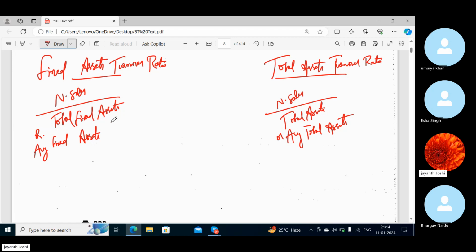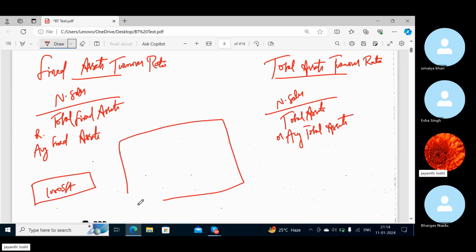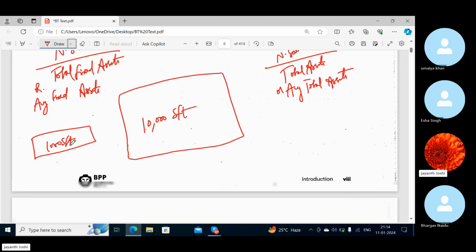Let me give you an example here. There are two shops. One is a 1000 SFT shop, and one is a bigger shop, a 10,000 SFT shop. The first, an old shop, can hold a limited capacity of inventory. The other is a very big, newly opened showroom.